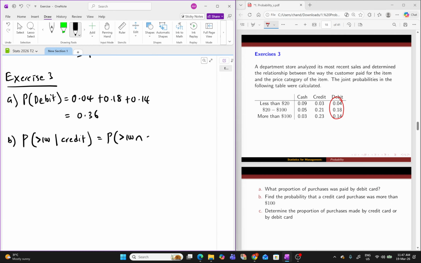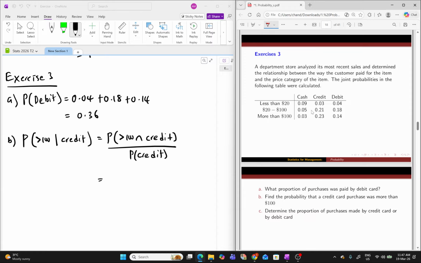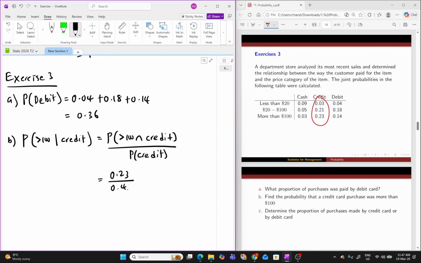More than 100 intersect with credit, divided by credit. More than 100 and intersect with credit, this one, and credit card, you add all, you will get 0.47. You press this in the calculator, you get 0.49.